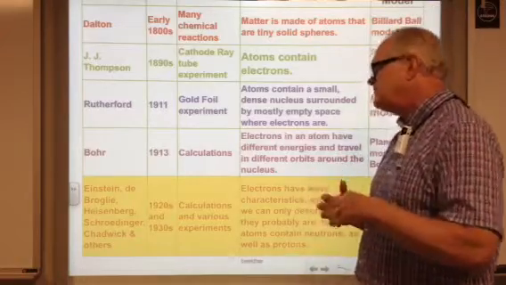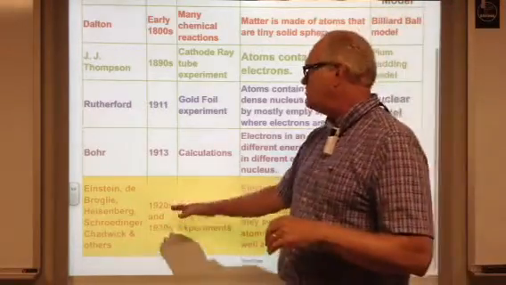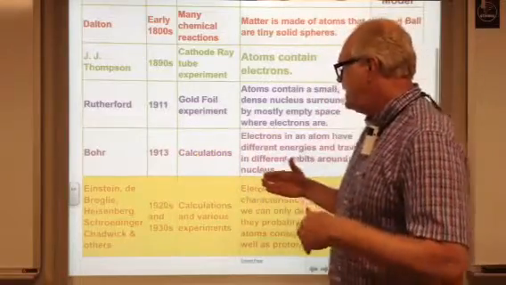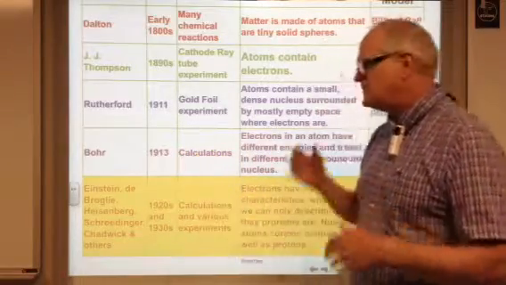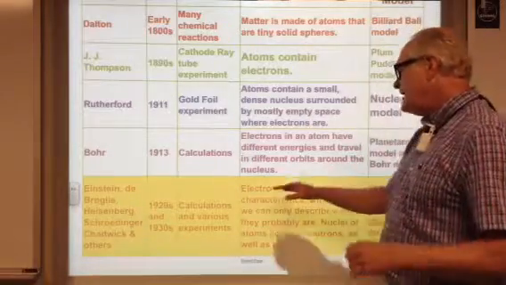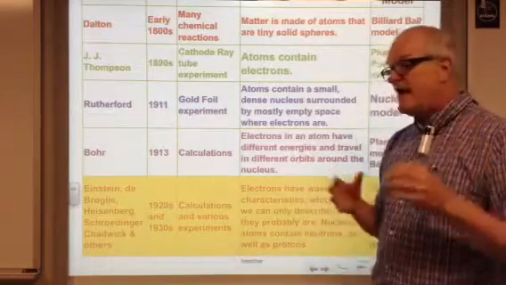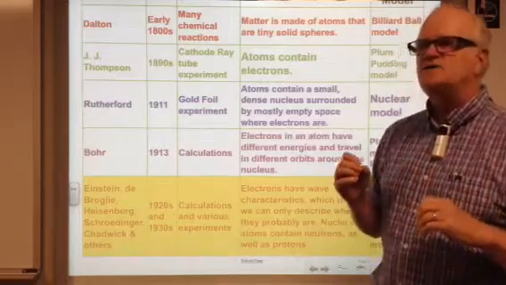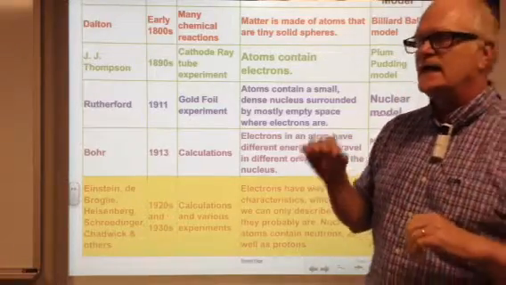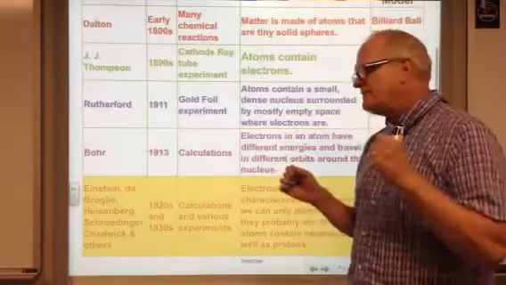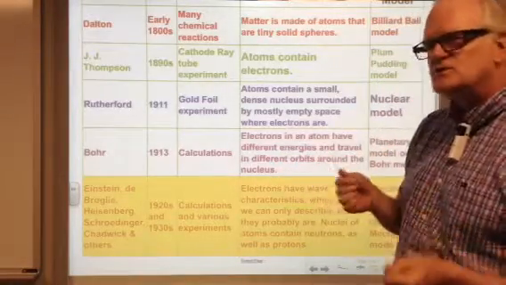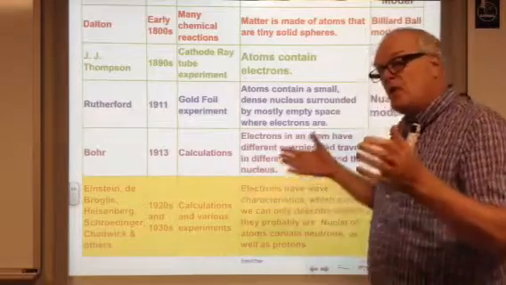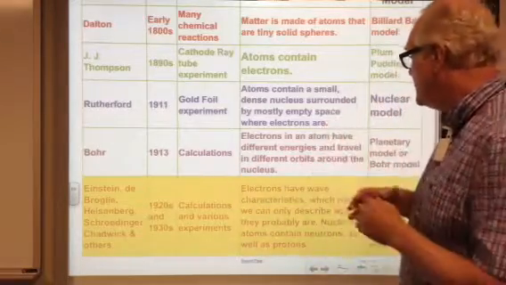Chadwick, many other people during the 1920s and 30s, after Bohr came up with his model, did calculations and various experiments, and they came to the conclusion, after a lot of back and forth, that electrons don't behave just like tiny little particles, but they have a lot of the characteristics of waves of energy. So electrons are sort of part particle, part energy.